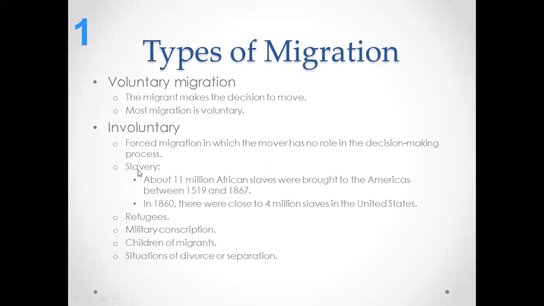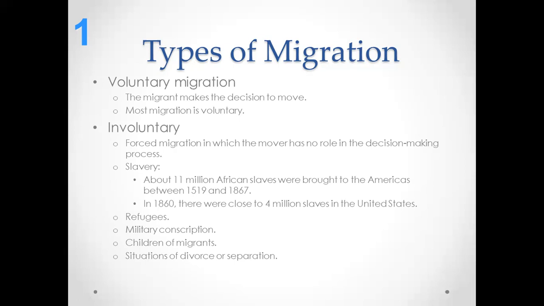So, aside from that, we have also slavery. Okay? So, about 11 million African slaves were brought to the Americas between 1519 and 1867. Okay? So, yun yung sa data ng US. So, in 1860, there were close to 4 million slaves in the United States.